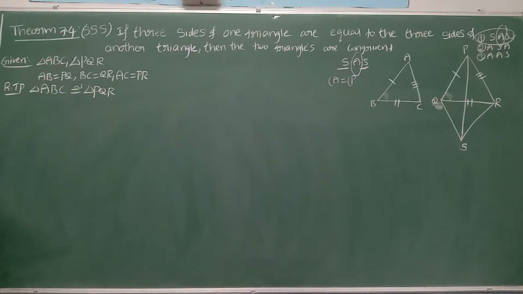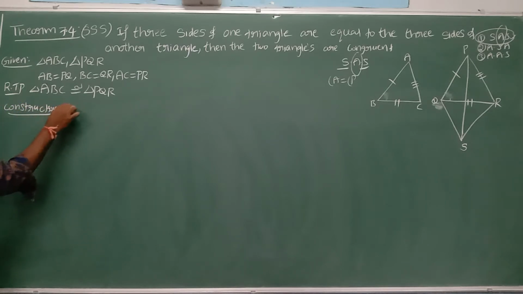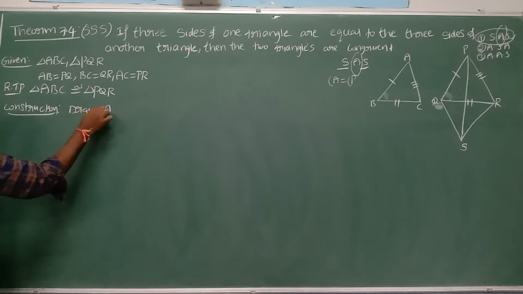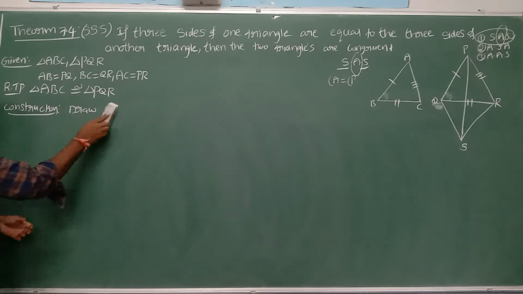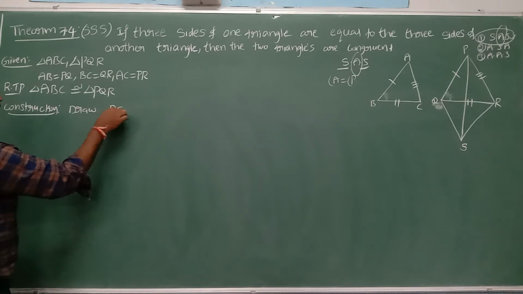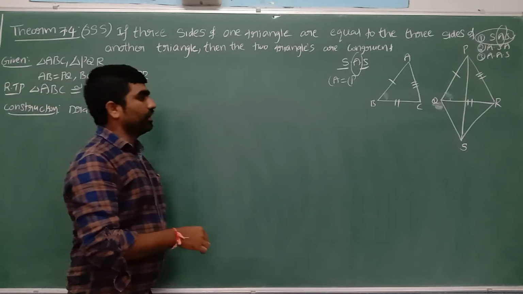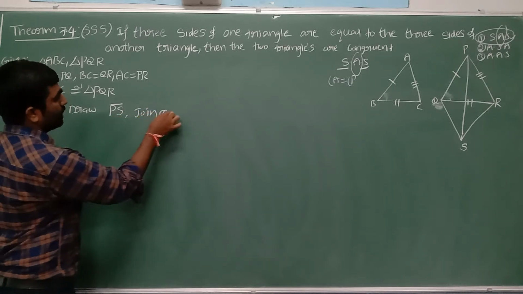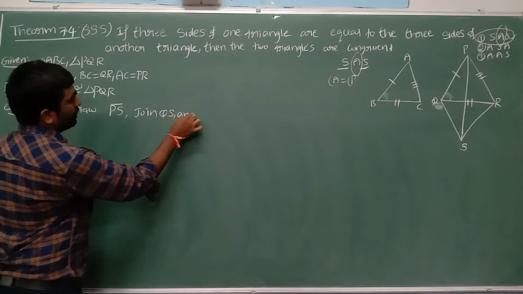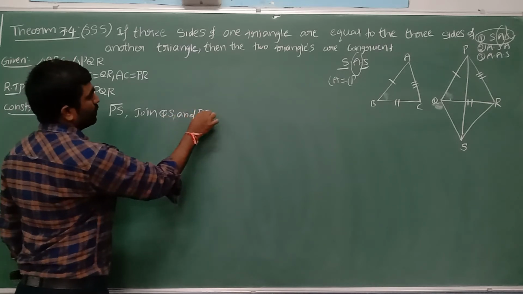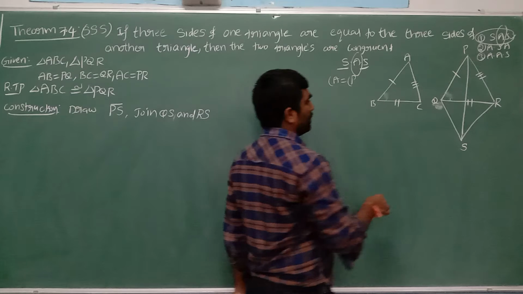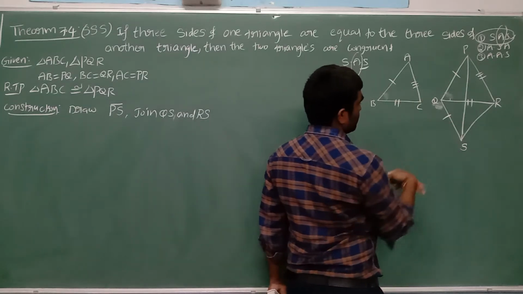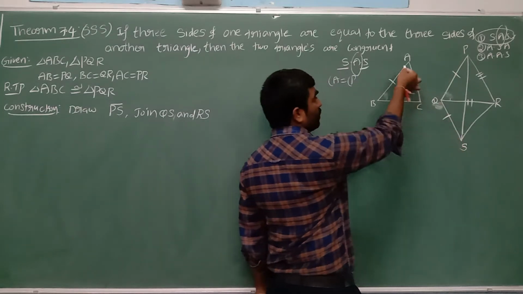So here my construction is: draw a line segment PS and join QS and RS, in such a way that AB equal to QS. Take the length of QS which is equal to AB.